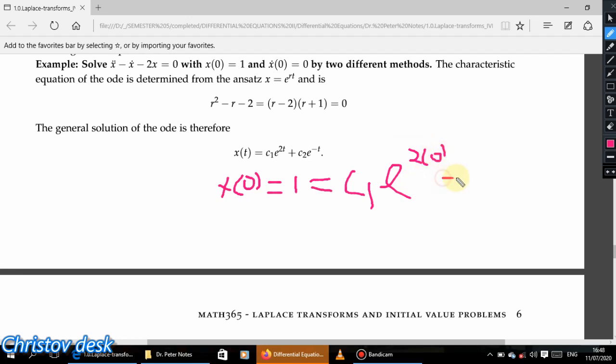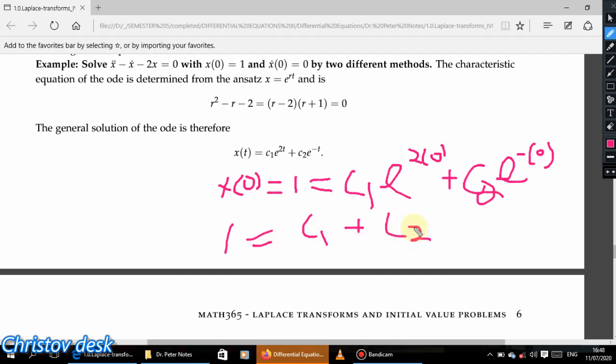Then we'll have plus c2 e raised to the power negative 1 times 0, isn't that? So what happens is that we'll have 1 equal to c1 plus c2. All right, so that's what we get. This is the first equation. We call this equation 1, right?